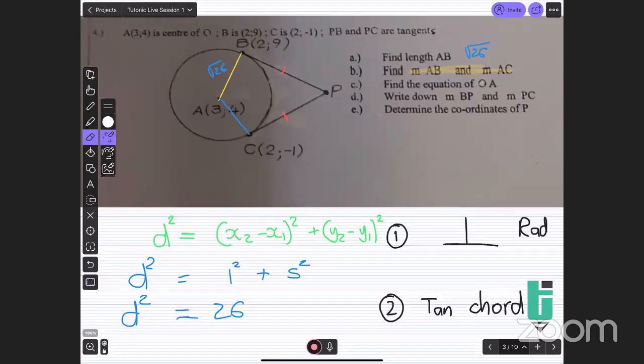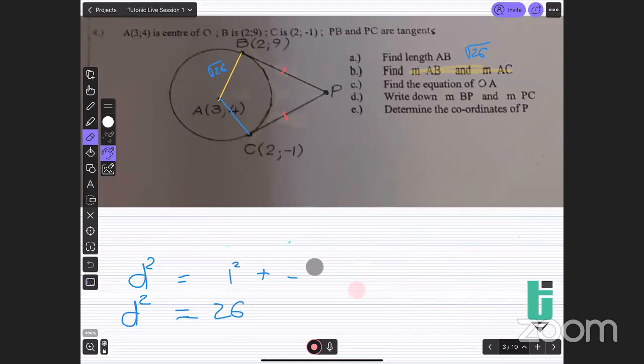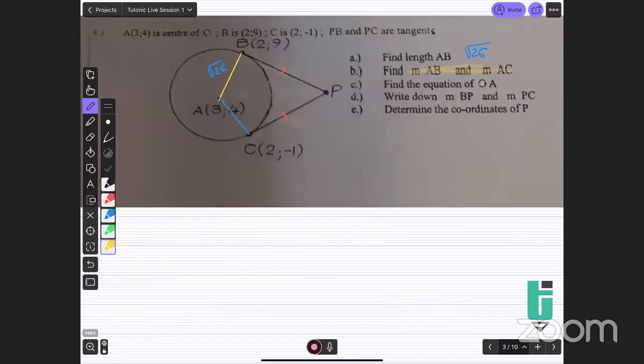And who wants to do that one? So it will be 9 minus 4 over 2 minus 3. 9 over 4, which is 5, yes, over -1.